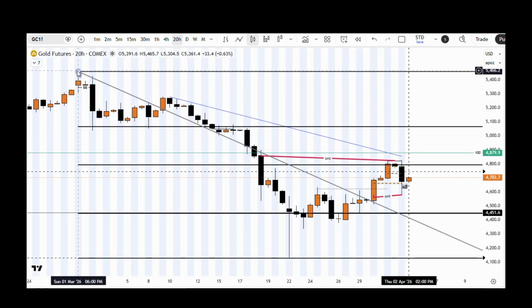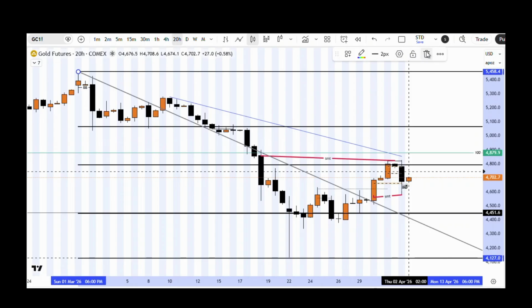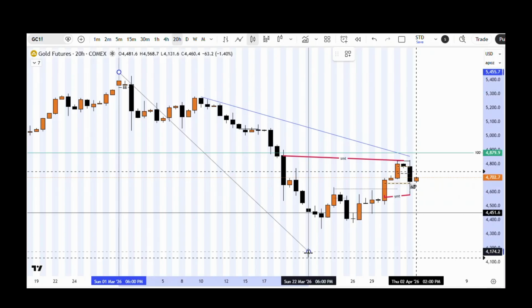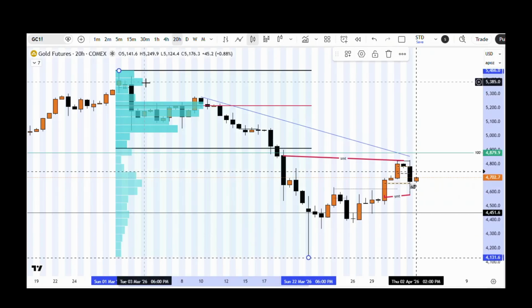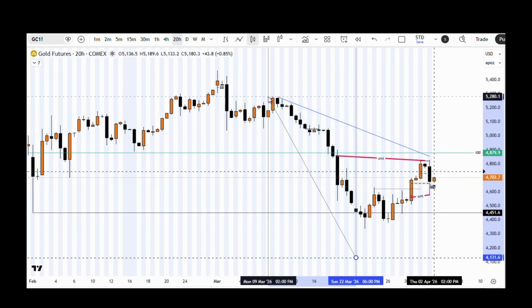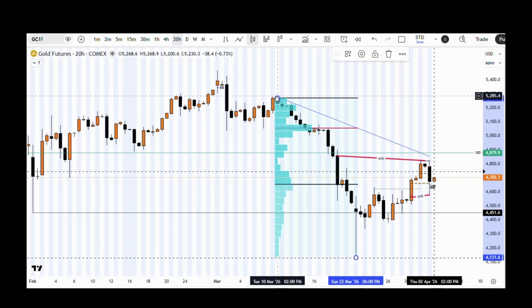So if I take away this fib, as an extra, you can use the fixed range volume profile. You can run it from there to there or from other places, right? I actually run it from there to there, because that's the better swing.